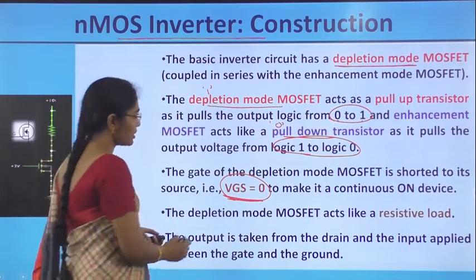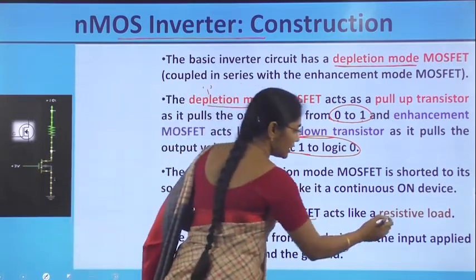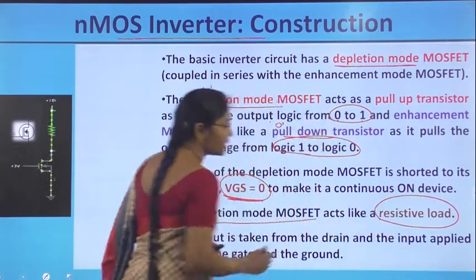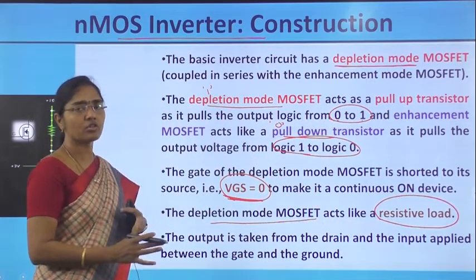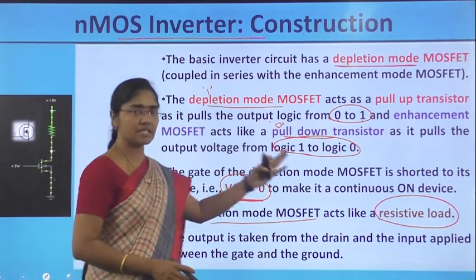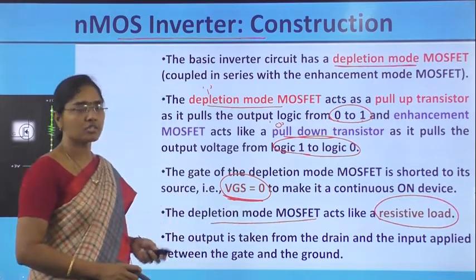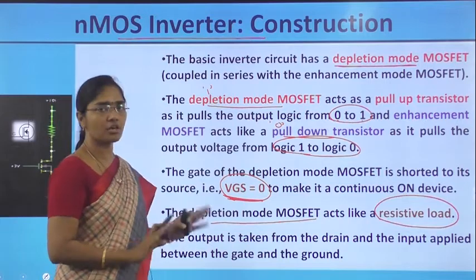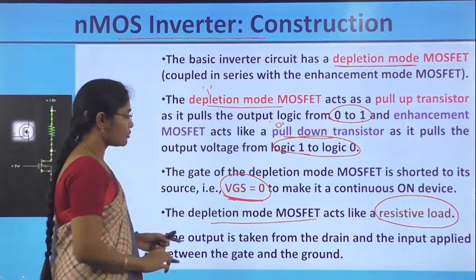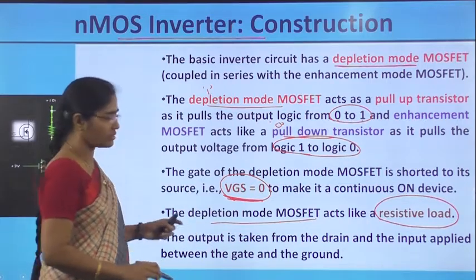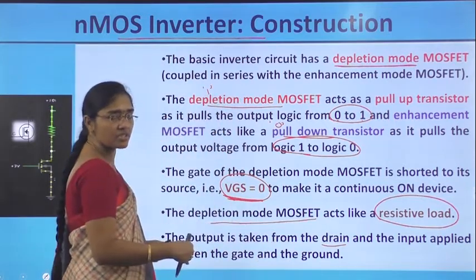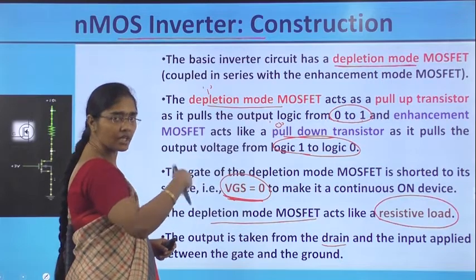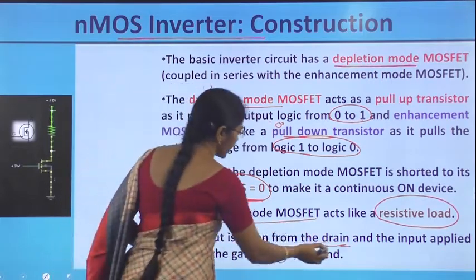And this depletion mode transistor inverter is equivalent to a resistive load inverter. So this depletion mode is exactly equal to the resistive load since this depletion mode is always in the on condition. And the output is taken from the drain of the nMOS enhancement transistor and source of the nMOS depletion transistor.